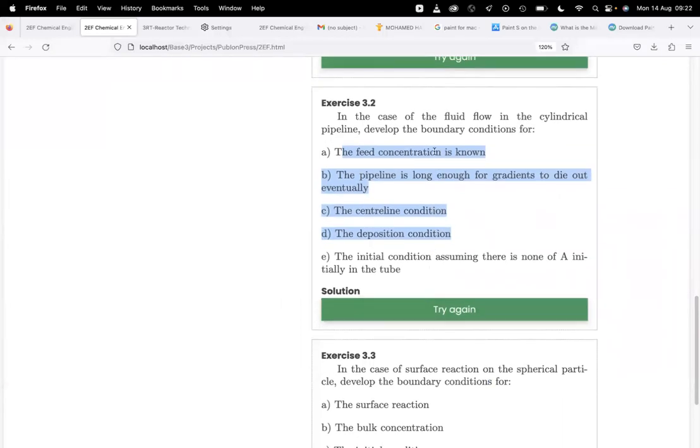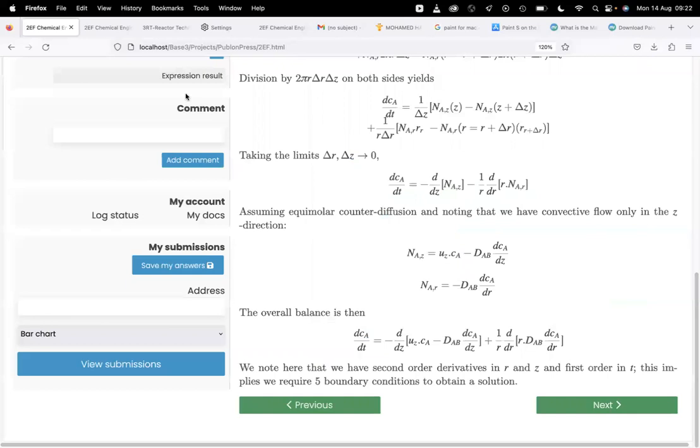So now we have enough boundary conditions. If we have a look at our balance, remember we had a way to figure out how many boundary conditions we needed. We said we would look at each of the independent variables, T, Z, and R, and look at the order of the derivative.